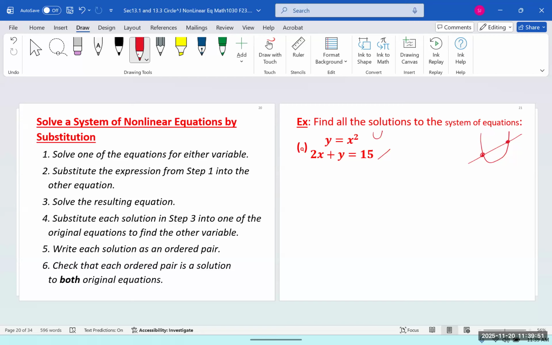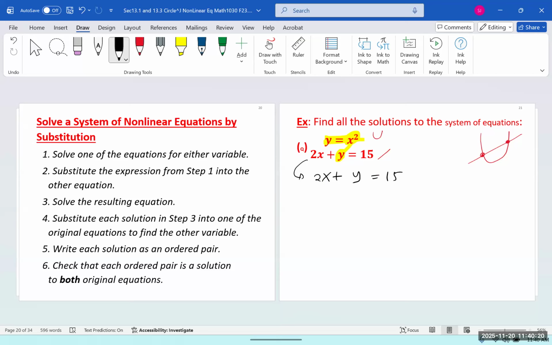So the substitution method says, substitute one variable with an expression. Here we have y equals x squared. We are going to replace this y with this x squared. It's called substitution, meaning you're substituting one variable with something new. So we take the second equation, 2x plus y equals 15.